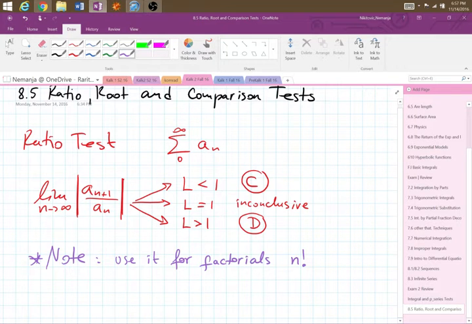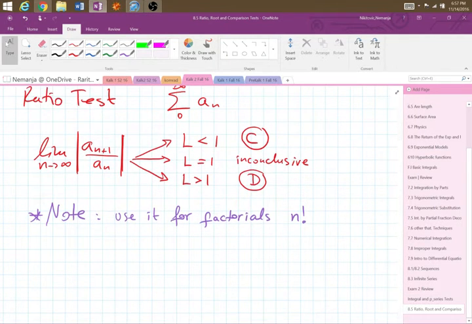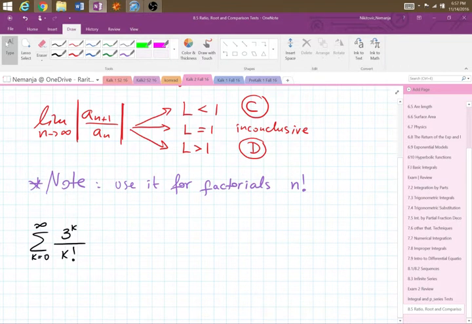So let's take a look at, for instance, the summation of 3 to the k divided by k factorial. Let's say k starts at 0 and goes to infinity. I can start with any value. So looking at this, a_k is equal to 3 to the k over k factorial.